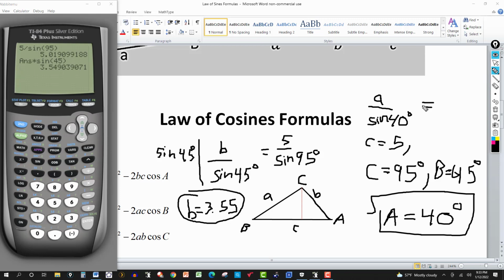And notice I'm going to use the same ratio here, this one right here, because it doesn't matter as long as you have side and sine of angle, side, sine of angle. So I just put 5 over the sine of 95 degrees.